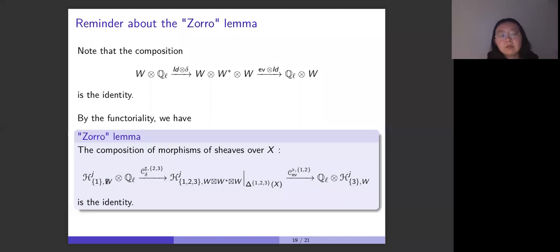That's why for the second and third legs we choose W dual and W. So after creation, two legs on W dual and W, and then annihilating the first and second legs, the composition is also identity.